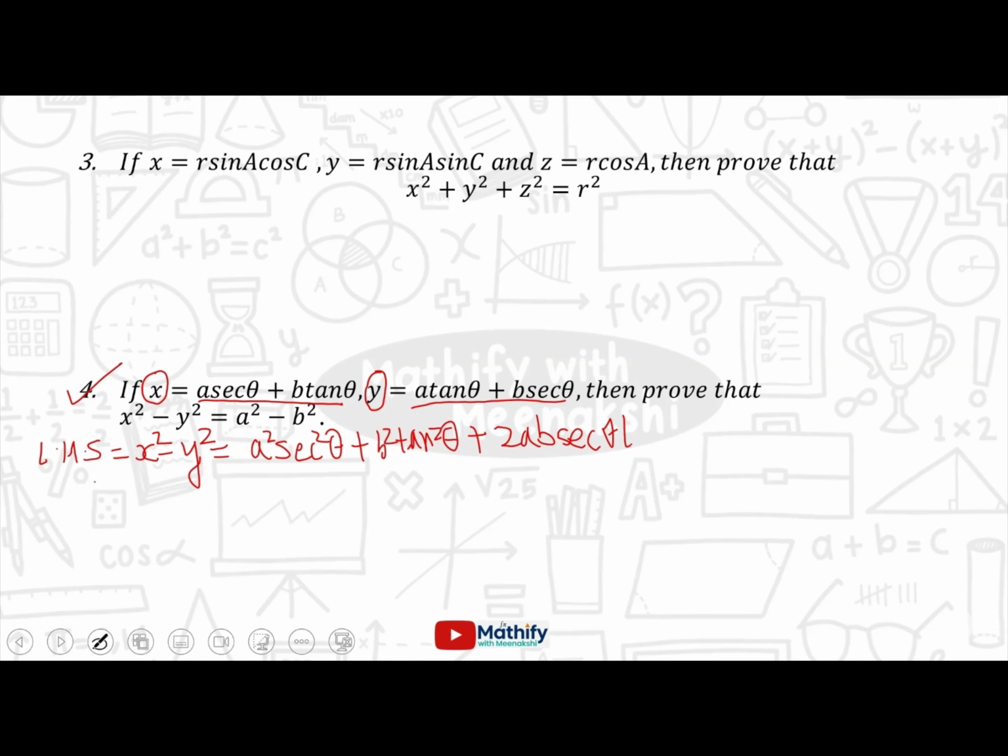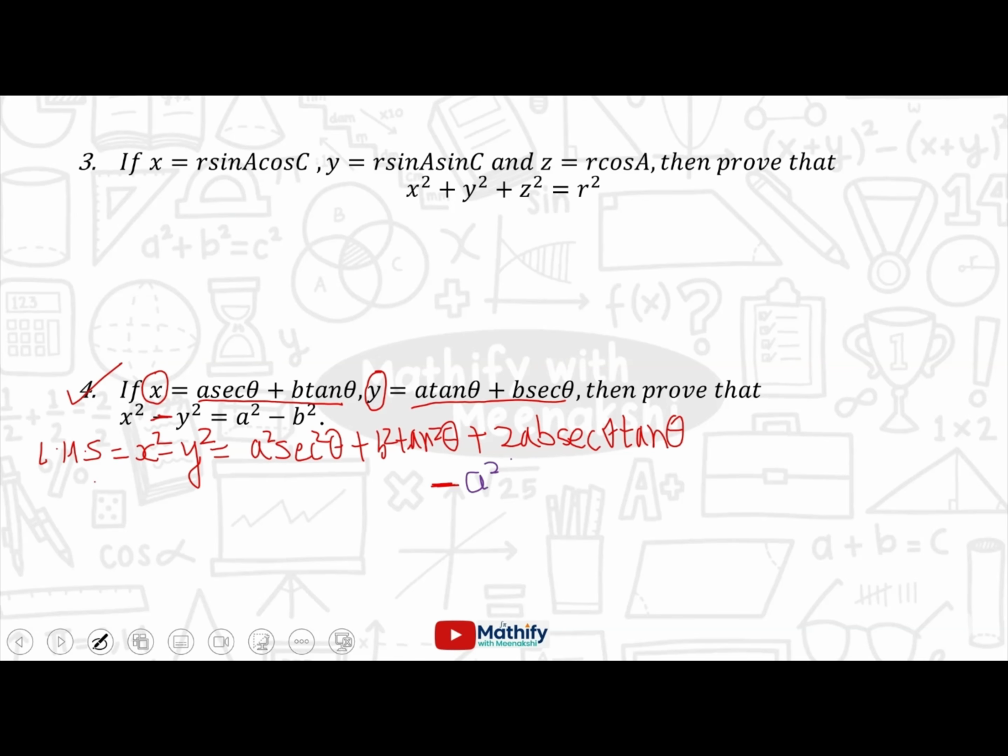Yes, I've just used the identity a square plus b square plus 2ab. Now we have a minus sign in between. So I'm just changing the signs directly, because if you take the square, you will get a square tan square theta plus b square secant square theta plus 2ab tan theta sec theta. Because it's minus here, I'm changing the sign for all three terms.